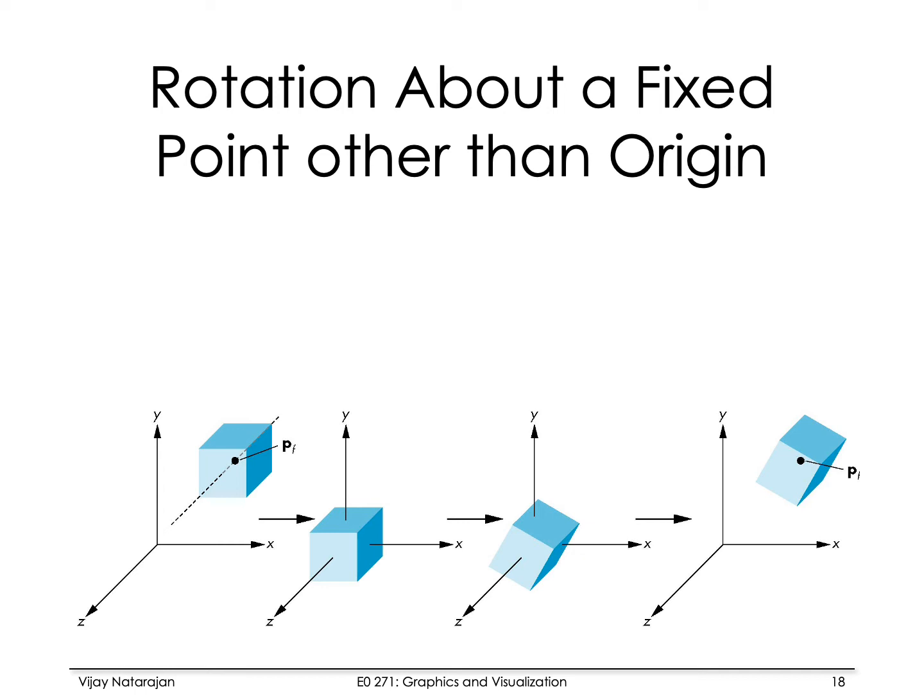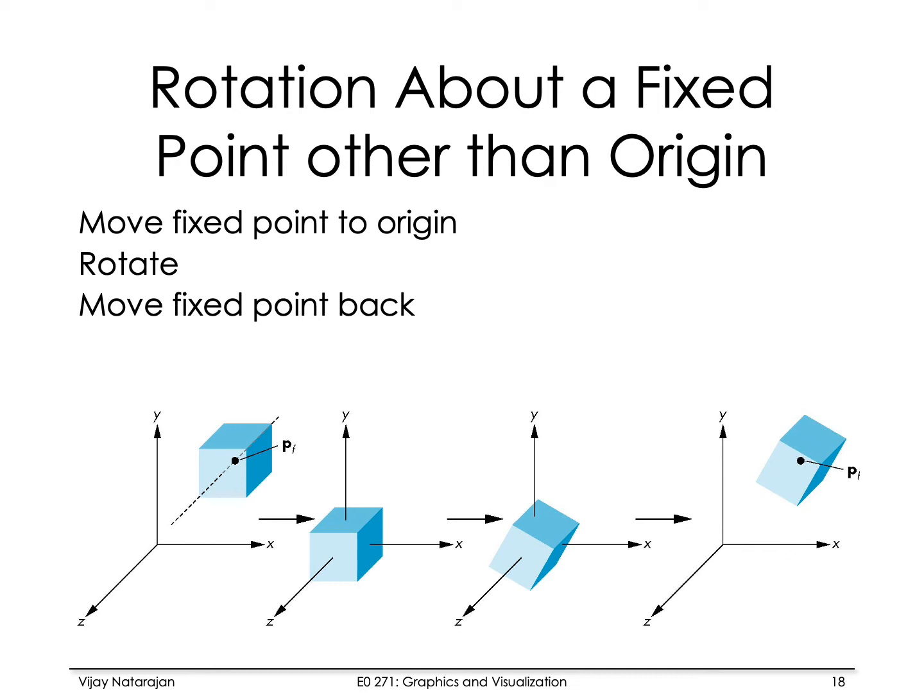The way I do this is by first moving that fixed point to the origin, perform the rotation that I know how to do, and then move the point back to its original location. So what have we done here in each step?